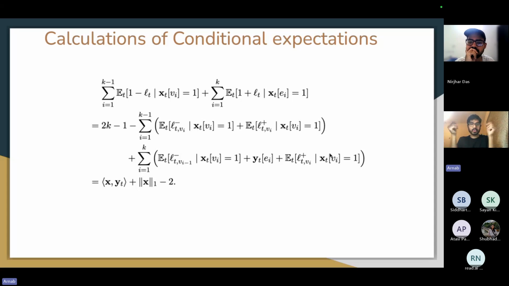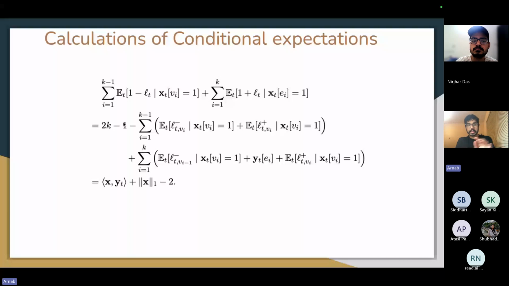So those extra two terms vanish, but the rest of the terms cancel each other telescopically, and you'll be just left with the summation of Y_t(e_i)'s. So it's just the inner product of x comma y_t, and then you'll have this term, which is the length of the path in some sense. It's 2k minus 1, and k was the length of the path.